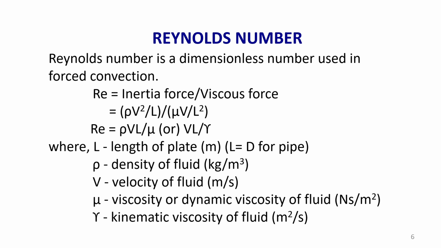Now mu by rho is equal to the kinematic viscosity, nu. When we say viscosity, it refers to dynamic viscosity, but if it is kinematic viscosity, we have to mention the term kinematic.